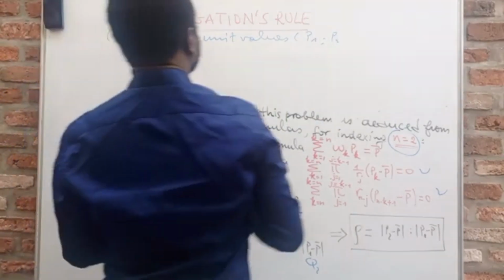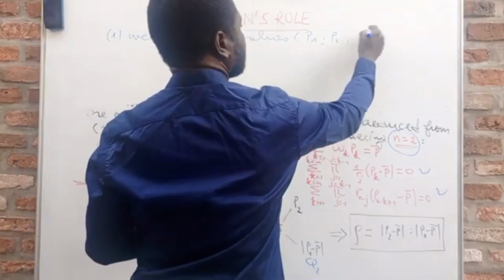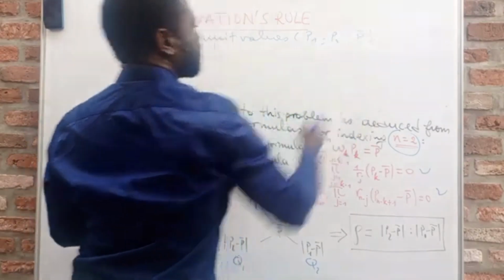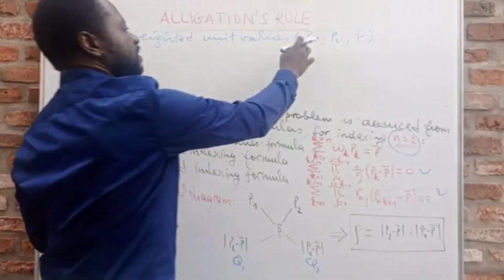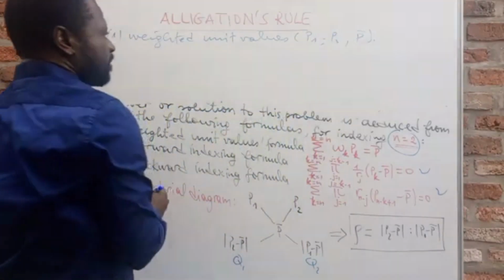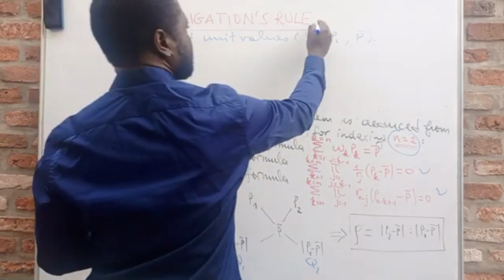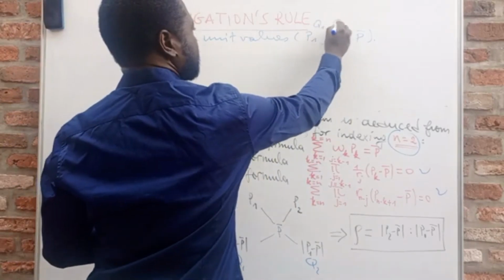The P bar must be some value between P1 and P2, and correspondingly this is for the quantity 1 and the quantity 2.